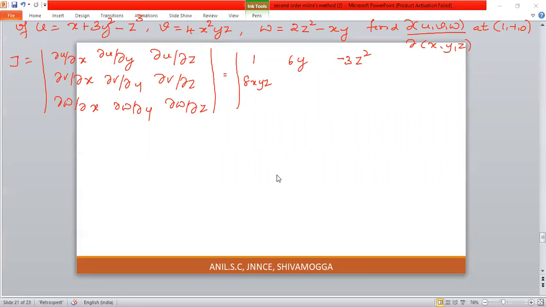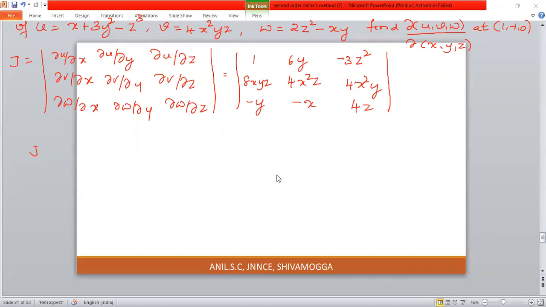Del v by del y is 4x square z. Del v by del z is 4x square y. That's right. Next, del w by del x is minus y. Del w by del y is minus x. Del w by del z is 4z. That's right.